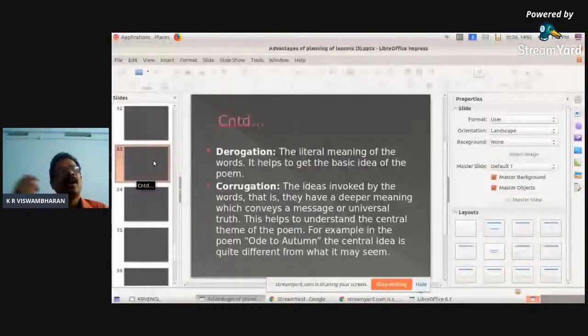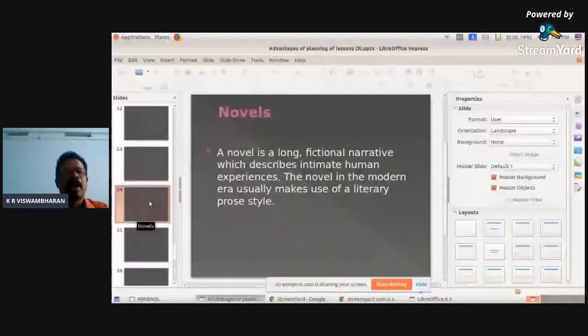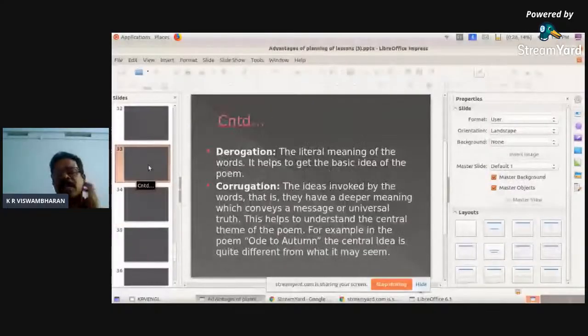So, any poem has the literal meaning as well as the idea of denotation and connotation. The person who writes the appreciation may think more about the interpretations, and it is actually the connotation.